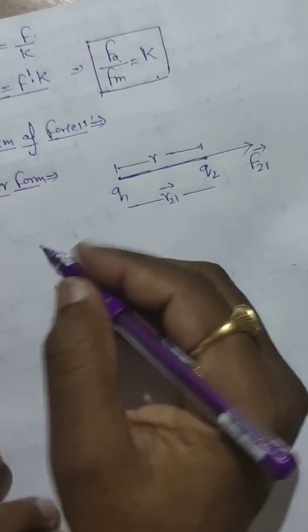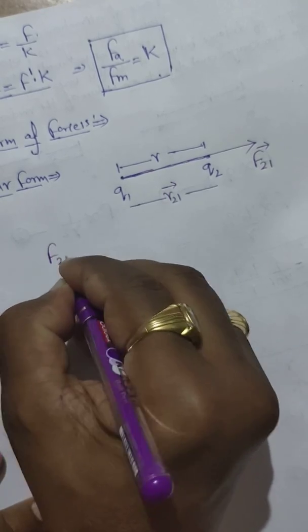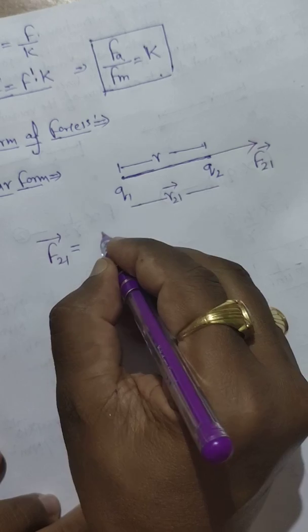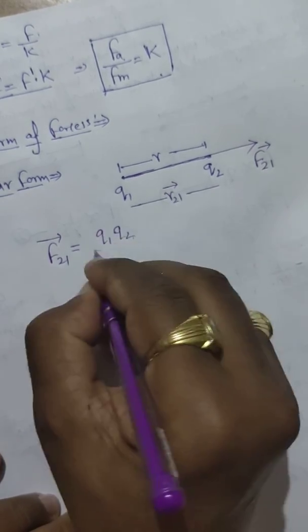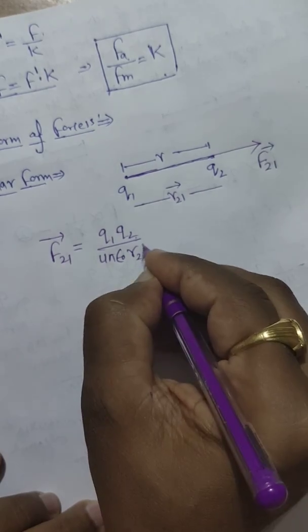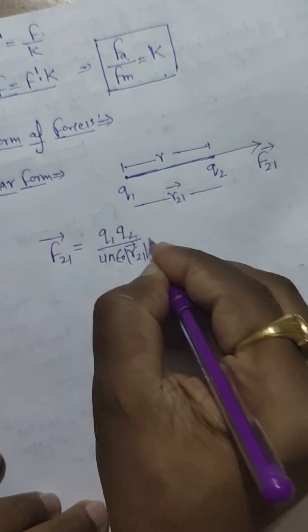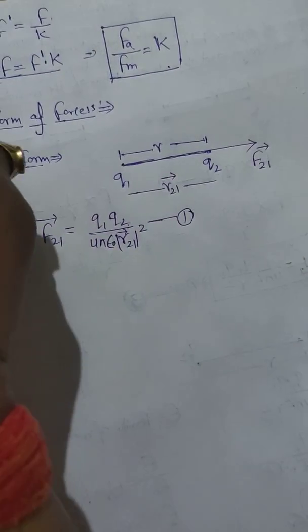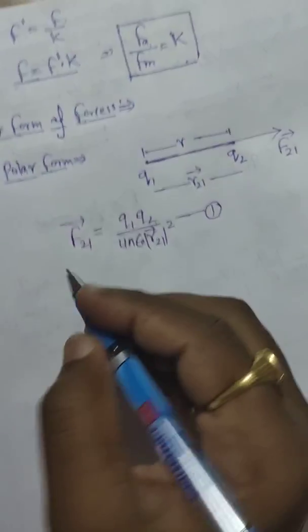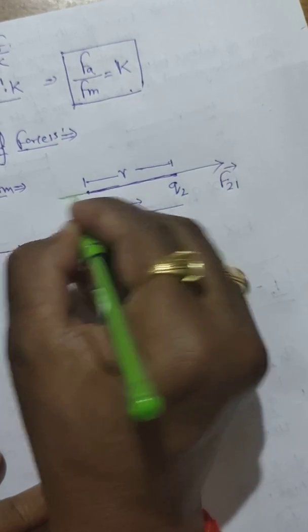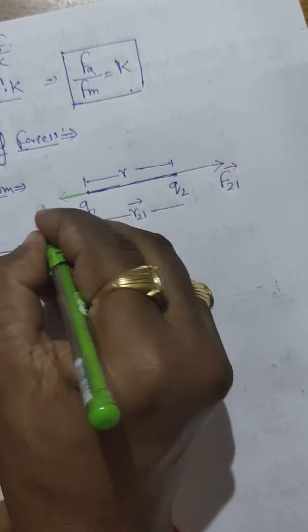This is the vector form. So we can write F21 is equal to K Q1 Q2 upon 4 pi epsilon 0 mod of R21 vector square. This is equation number 1. Now the second case is force on charge 1 by charge 2, called F12.